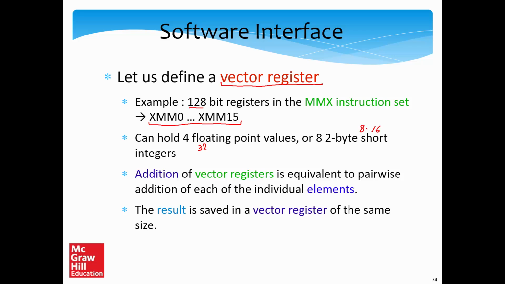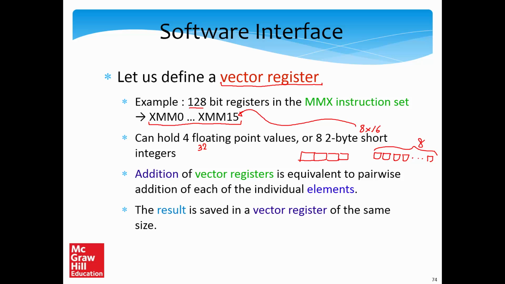So 8 of these can be held within each of these vector registers. One register is basically an array. In one form, it can hold 4 floating point values. In another form, it can hold a total of 8 short integers. So these are the two forms of the XMM vector registers.